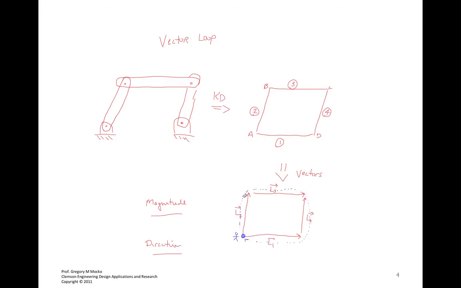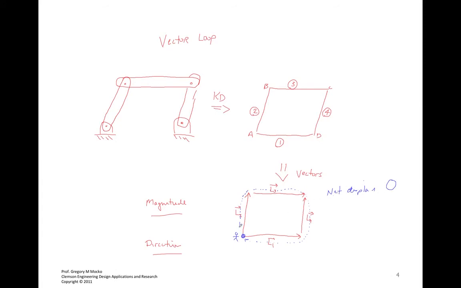Okay, so I'm going to make a loop, and I'm going to walk along these vectors. When I do that, I'm going to make a loop. My net displacement is what? Okay, think about this. Scratch this down. And the answer is 0. My net displacement is 0.